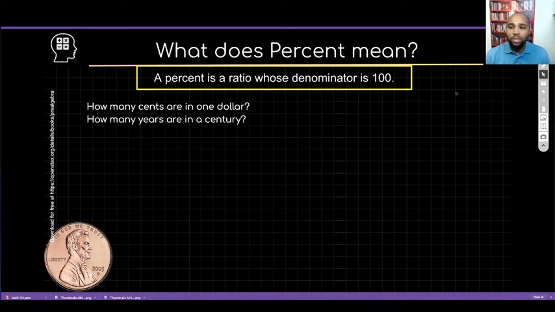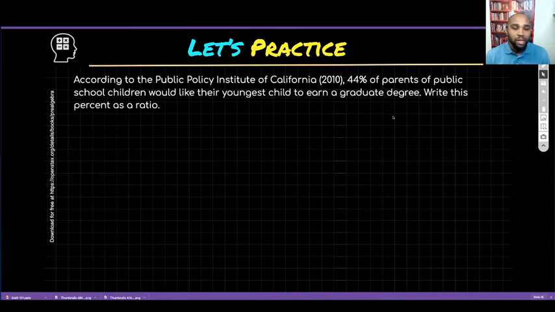So let's do some problems to get a better understanding of how we can manipulate this idea of percent. According to the Public Policy Institute of California, 2010, 44% of the parents of public school children would like their youngest child to earn a degree. Write this percent as a ratio. All right, there's three ways to write a ratio. The one we're most interested in is a fraction.